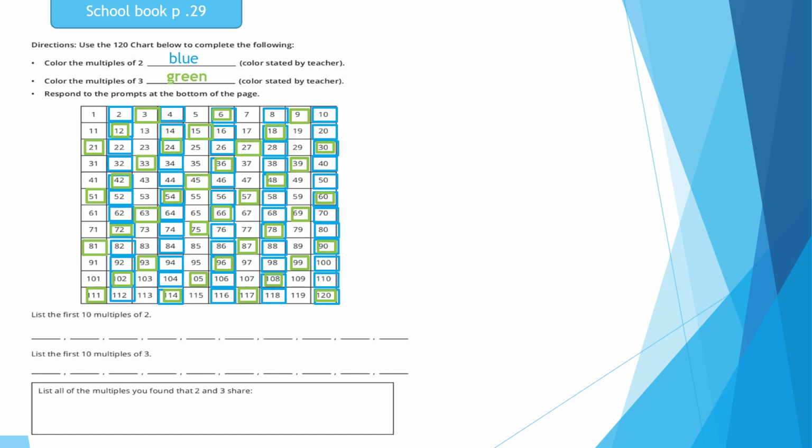All of these numbers are multiples of 2. And so we will write 2, 4, 6, 8, 10, 12, 14, 16, 18, and 20. We said that multiples of 2 are always even numbers. So we will write the first 10 even numbers.